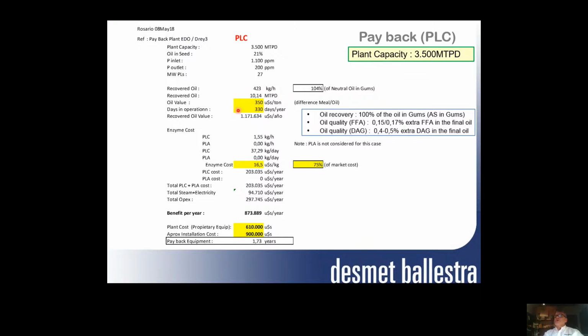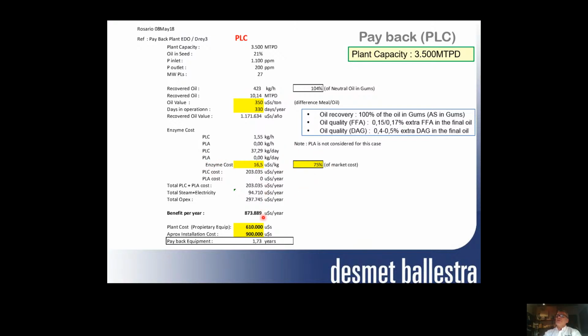In this case, okay, 330 days per year in operation, and the enzyme cost is about $16 per kilo, which is about 75% of the market cost, but it's something that many, well, not many, but the enzyme supplier is ready to give this kind of discount.